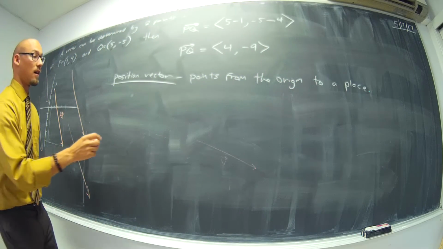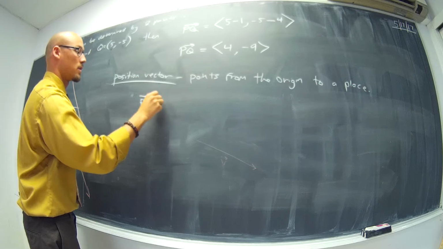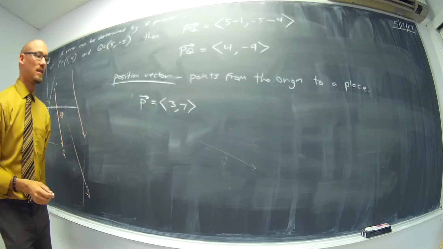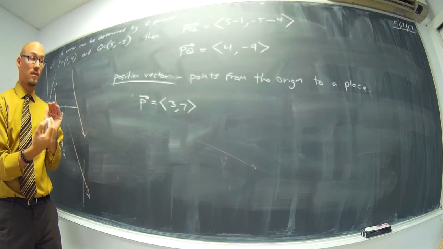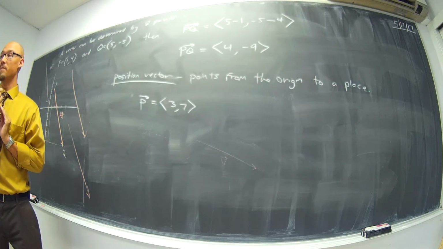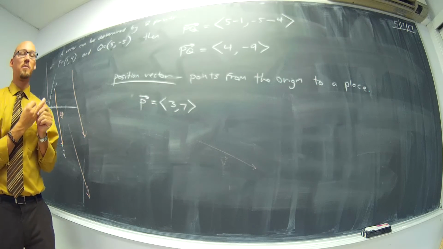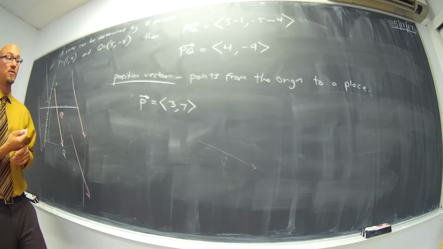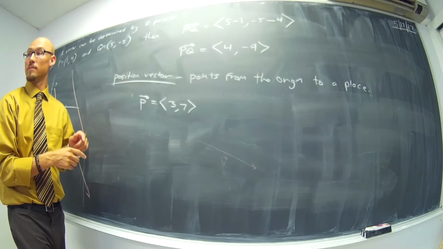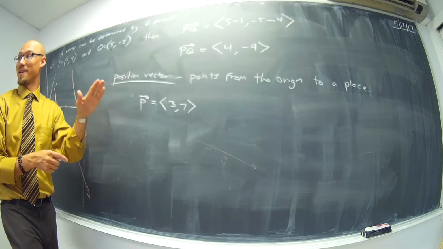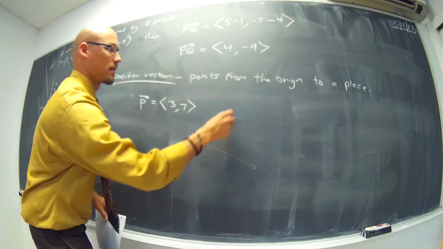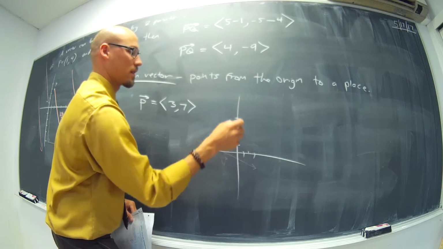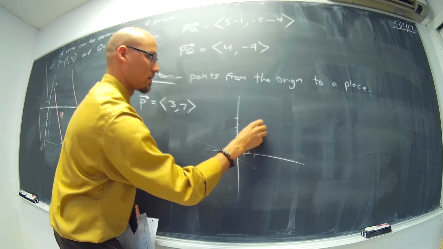So if I say there's a position vector P is 3 comma 7, then this is pointing from the origin to the point 3 comma 7. But if I don't say it's a position vector, and I just say, hey, there's a vector V, 3 comma 7, then it can be anywhere. You just know that it goes over 3 and up 7. But a position vector pointing to 3 comma 7 means that it actually goes 1, 2, 3, 1, 2, 3, 4, 5, 6, 7. And that would be your position vector.